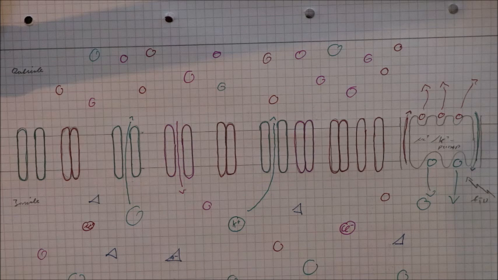And if you now measure the voltage between the inside and the outside, you actually get the resting potential, which is, as already mentioned, approximately minus 70 millivolts. And we have relatively more sodium ions outside and more potassium ions inside the cell.